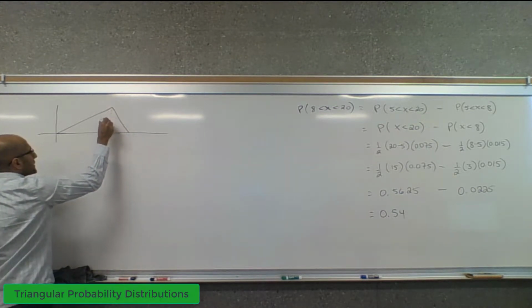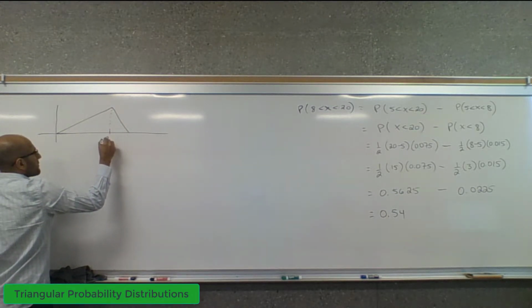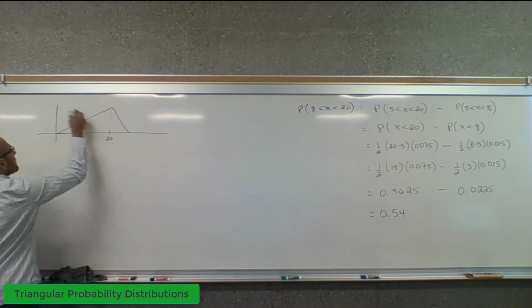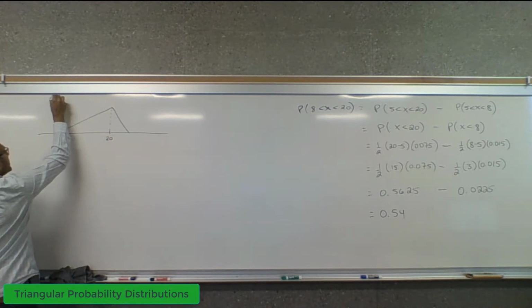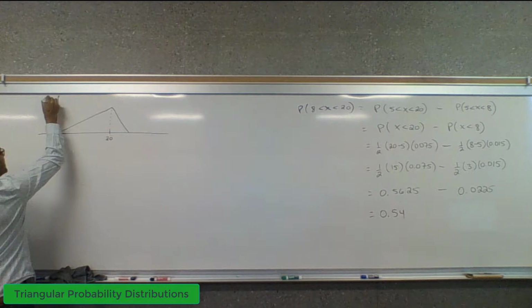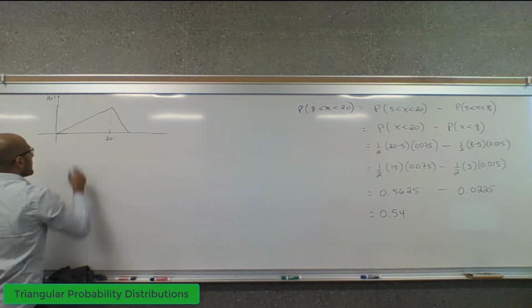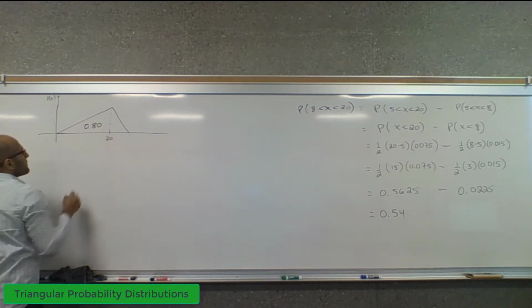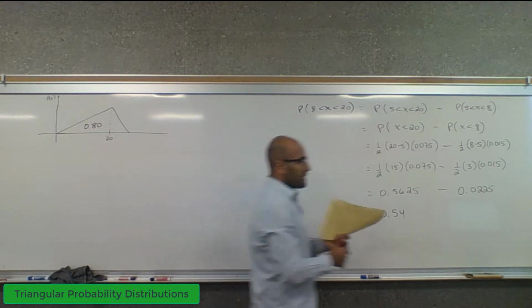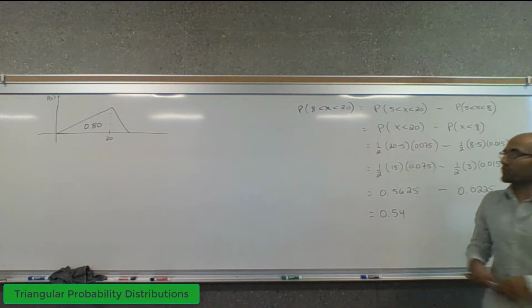Let's say we're given this: 0, p of x, and 0.80. So let's say we're given this as our probability distribution.